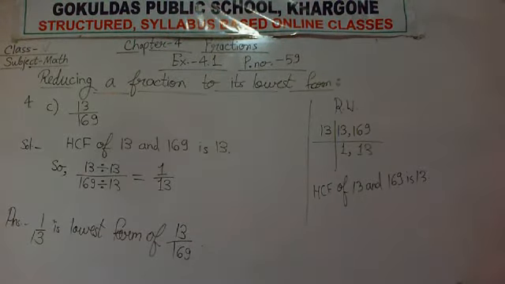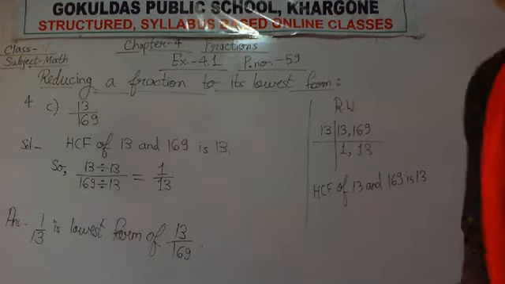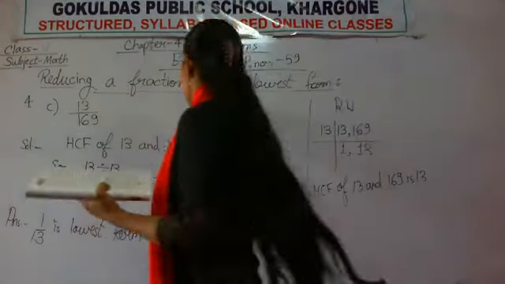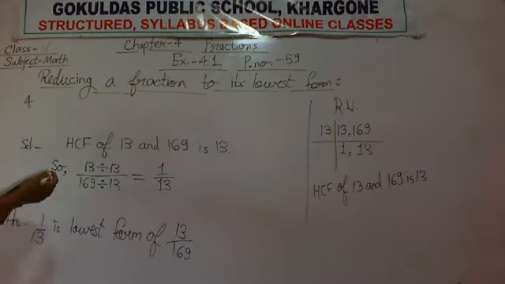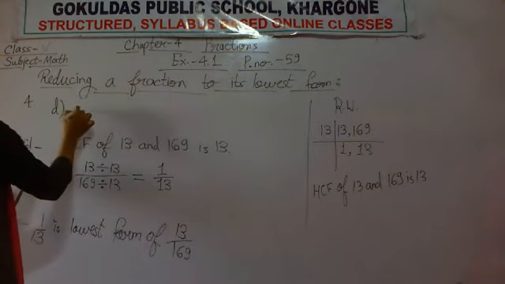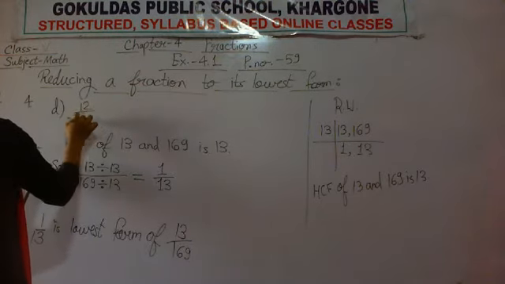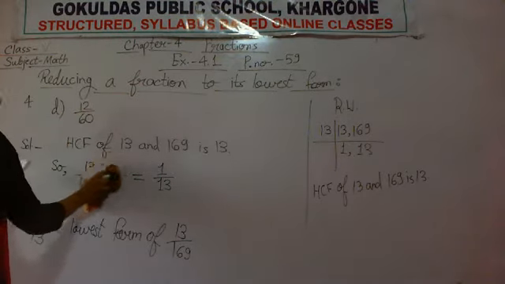That is D, in which 12 upon 60 is given. Here also we want to reduce 12 upon 60 to lowest form.